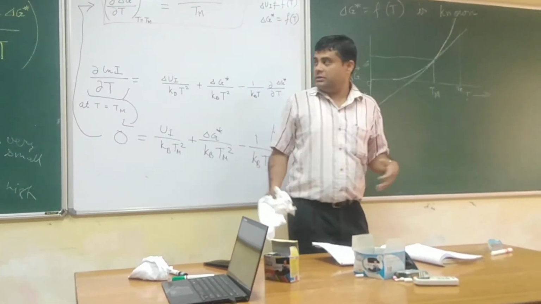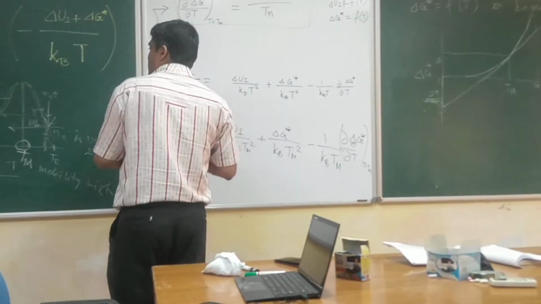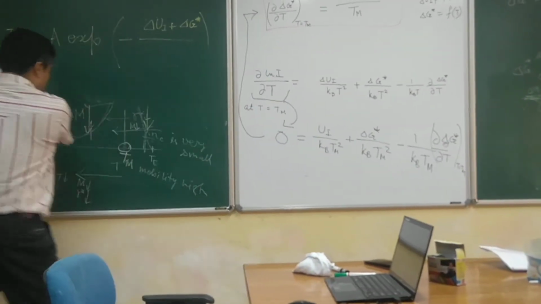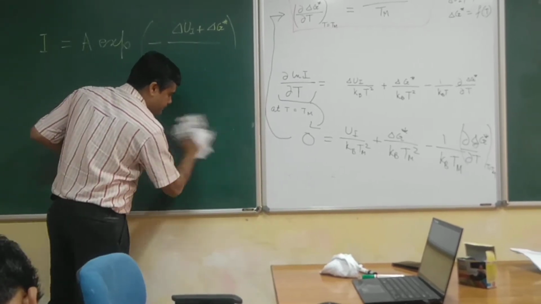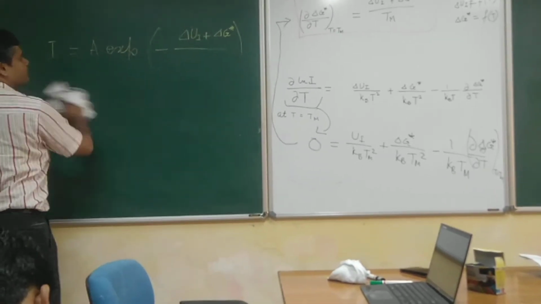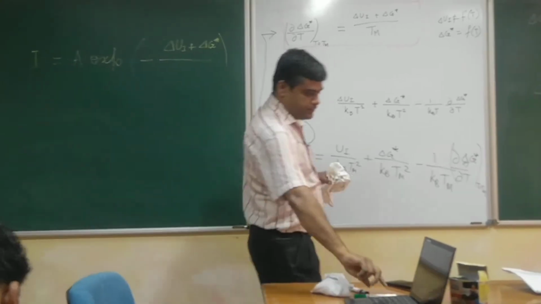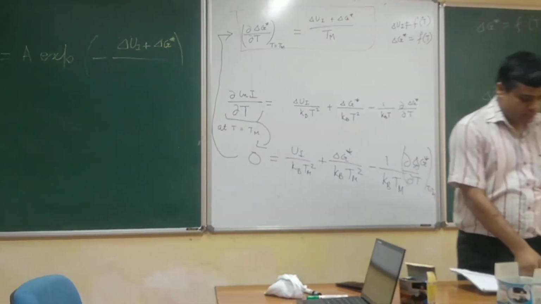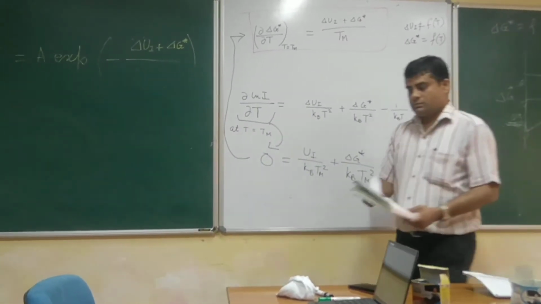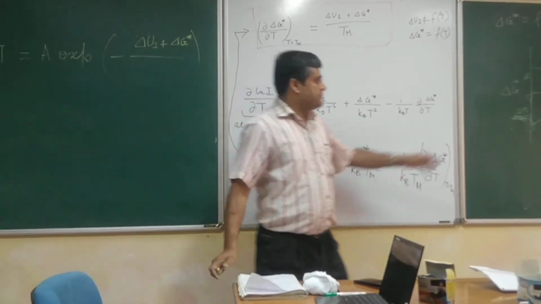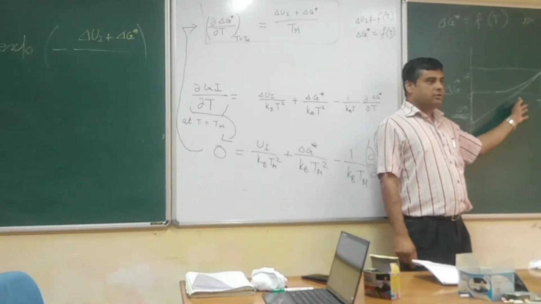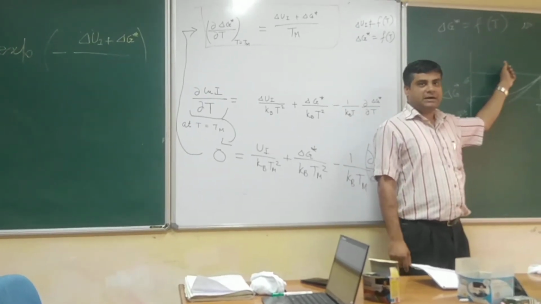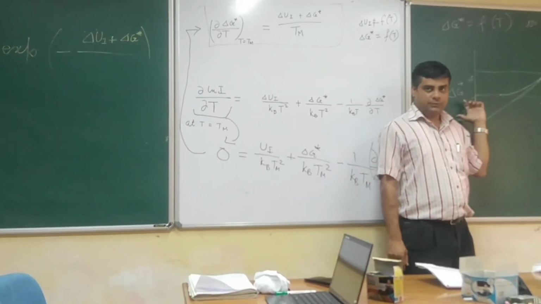That also has a graphical method that we will discuss now. So this method is for finding out Tm with the prior knowledge of delta G star as a function of temperature and delta Ui value.